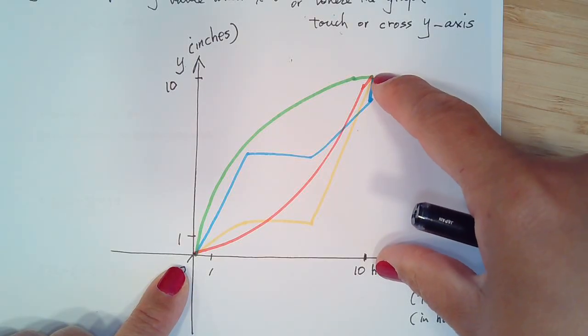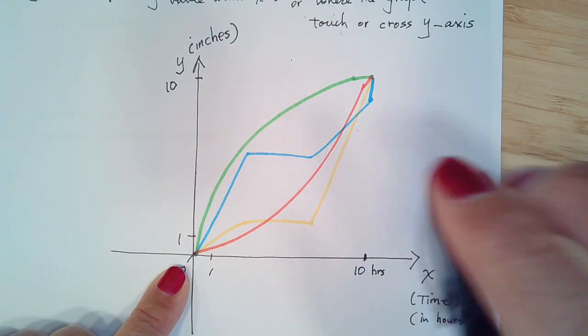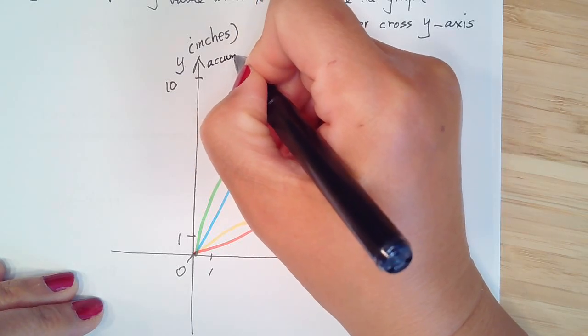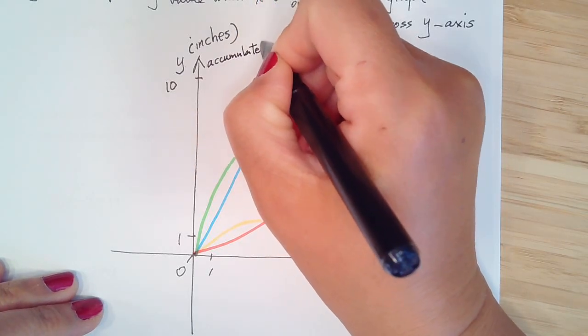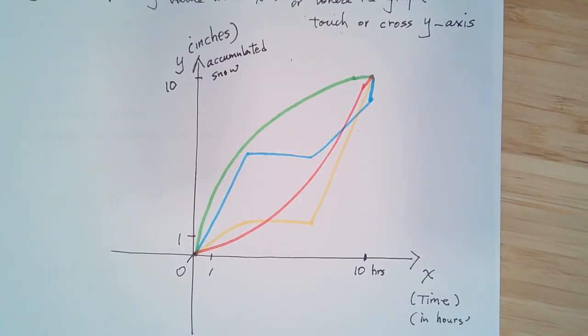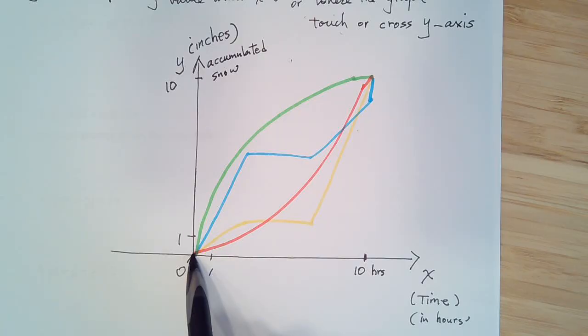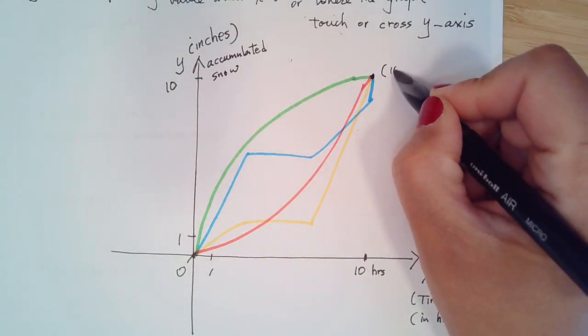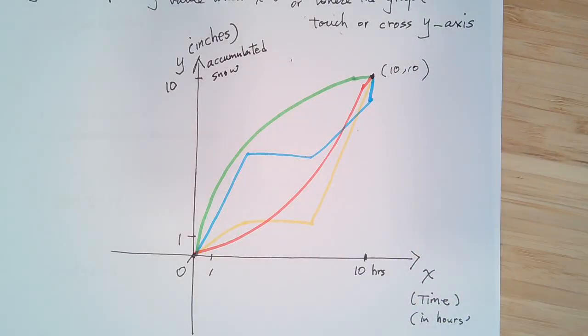But their graph showed that it's accumulated snow. So they start from nothing at the beginning. They start snow at the same time, and by the time they're finished, they get a 10-10. So in 10 hours, they get 10 inches of accumulated snow.